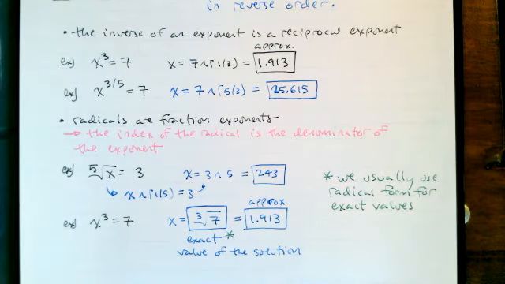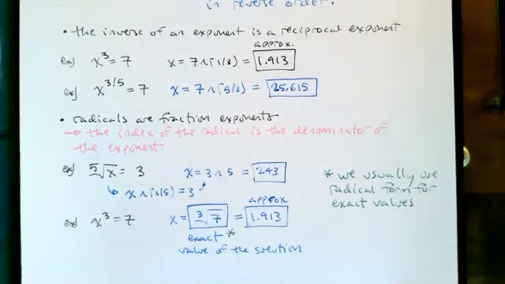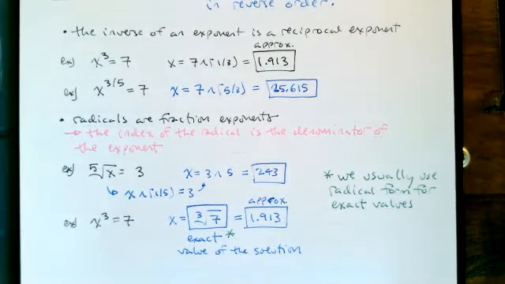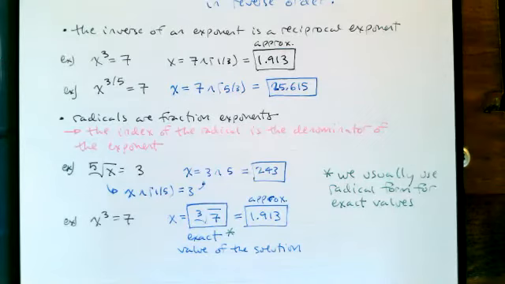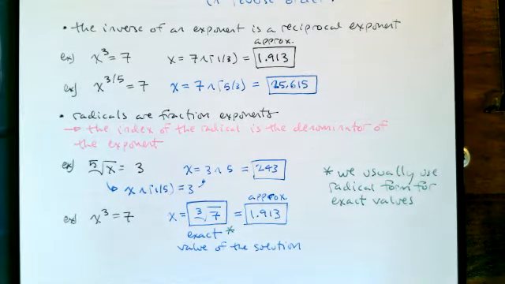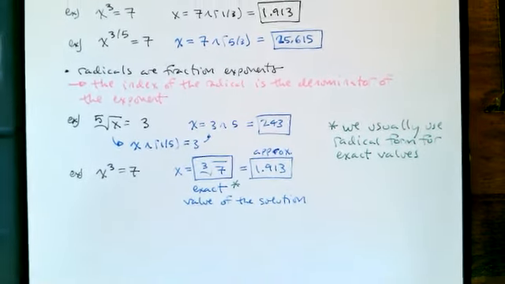Third thing on the list of things to remember about solving with exponents is that if the exponent in the equation has an even numerator, then we'll get 2 real solutions.